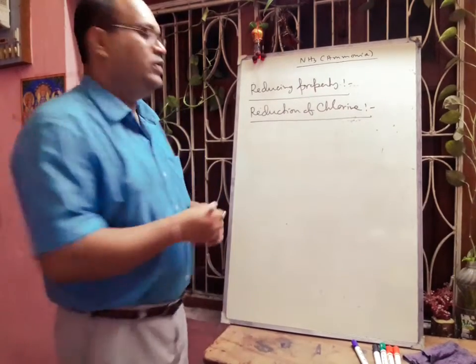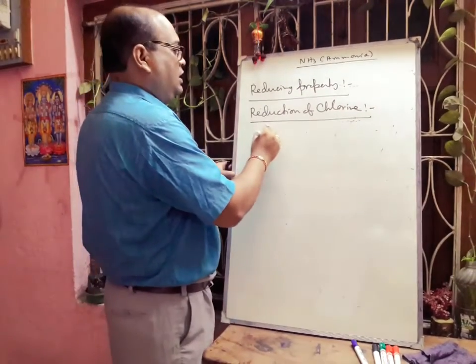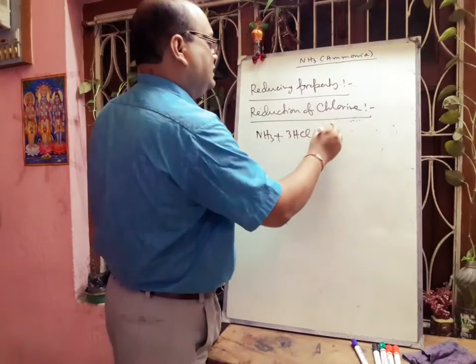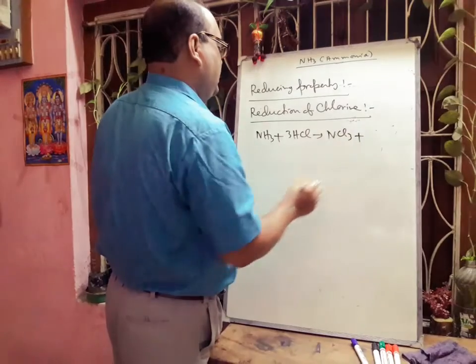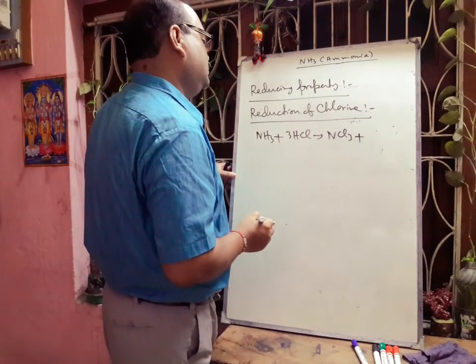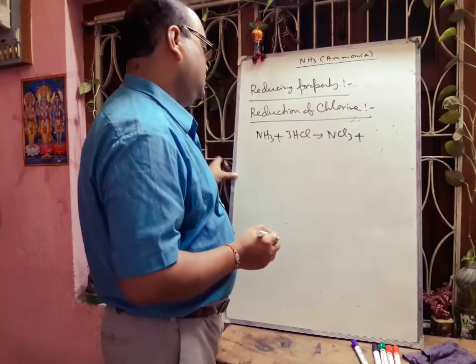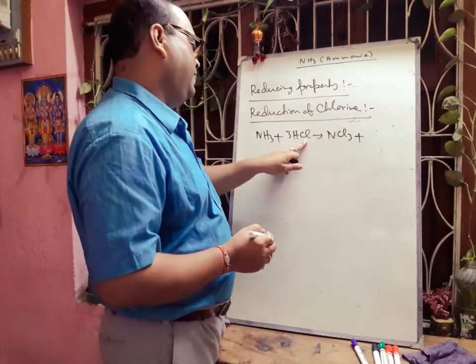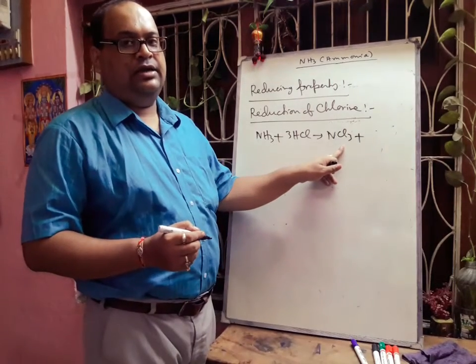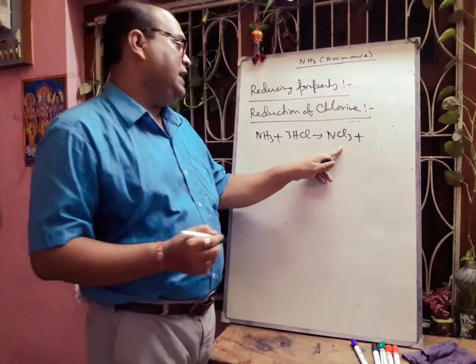Okay, so NH3 will react with chlorine, forming NCl3, nitrogen trichloride, and there is formation of HCl.